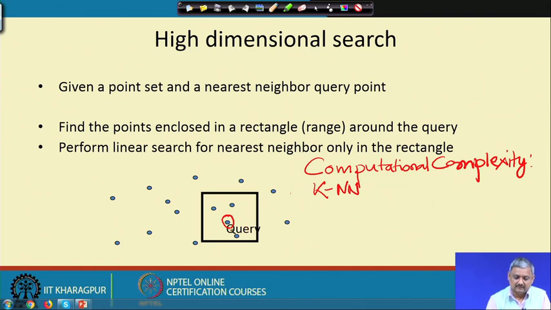So for every query point we want to classify, we first have to find its distance to all the training points. That is the first step.